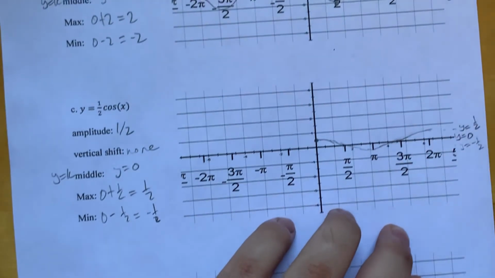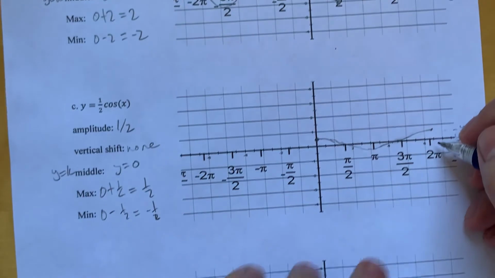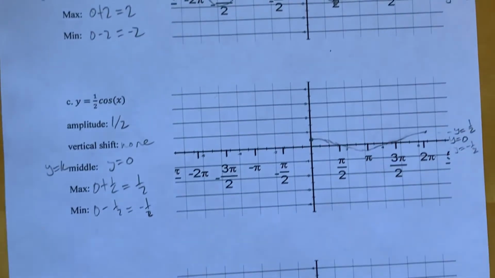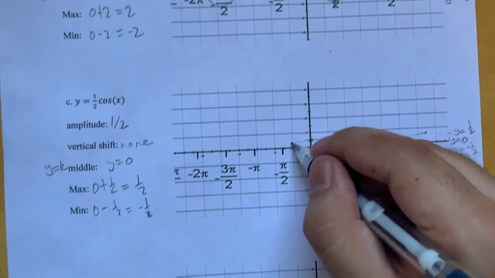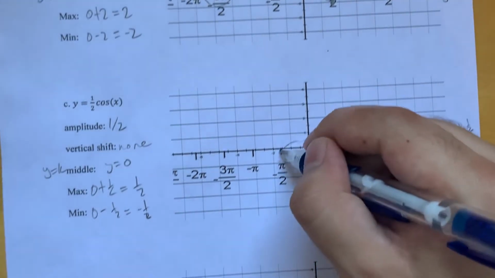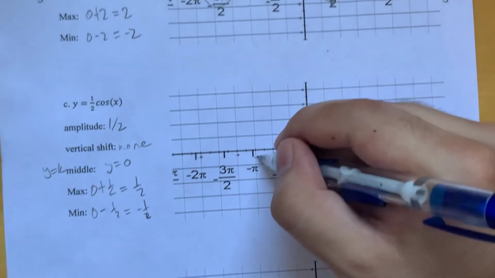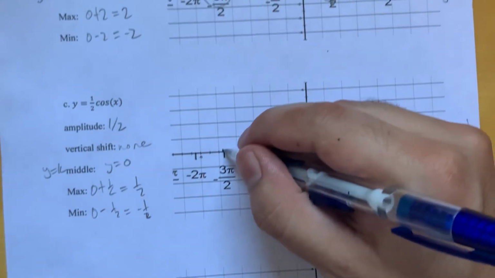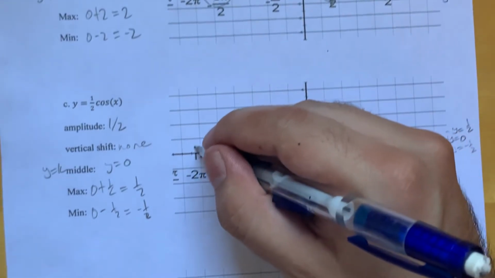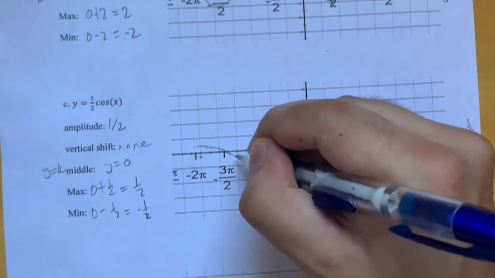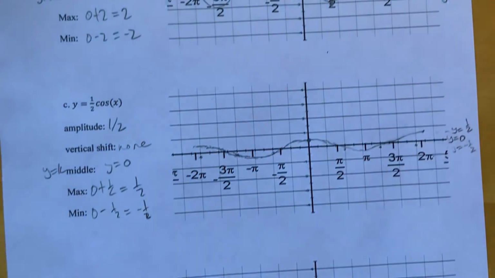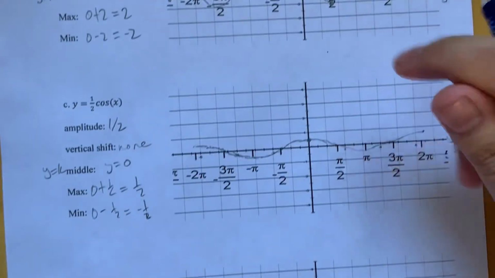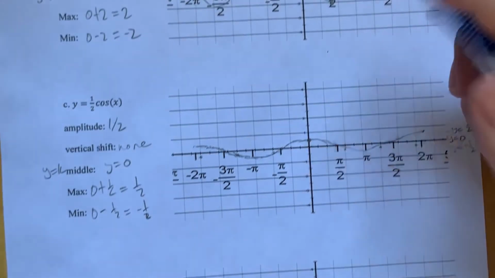Right? Doesn't need to be perfect. You just need to show me that it's gonna be in there. All right, then it's gonna come back, hit there, come back, hit 0, come back and hit 1/2. Just like that.